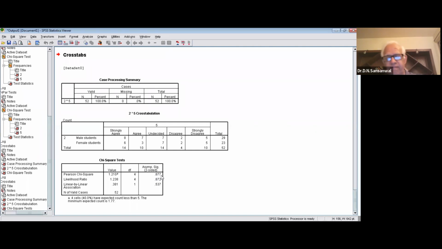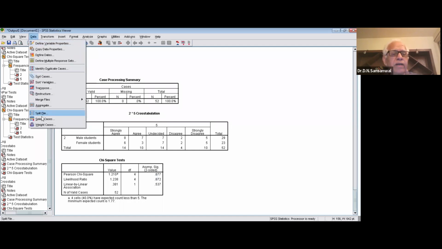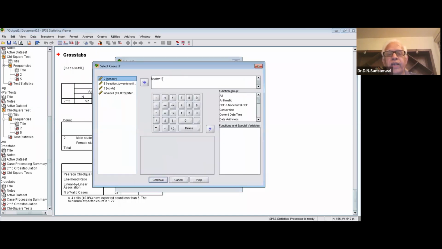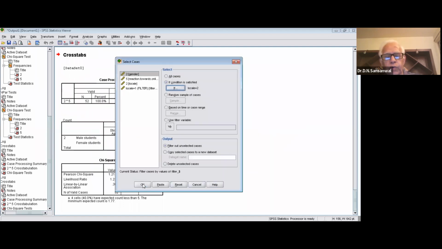So I will take the data and I will tell you how to interpret. Interpretation is the same as I have done. Now, if I want the data of the rural people, then I again select cases and I come to locale is equal to 2.